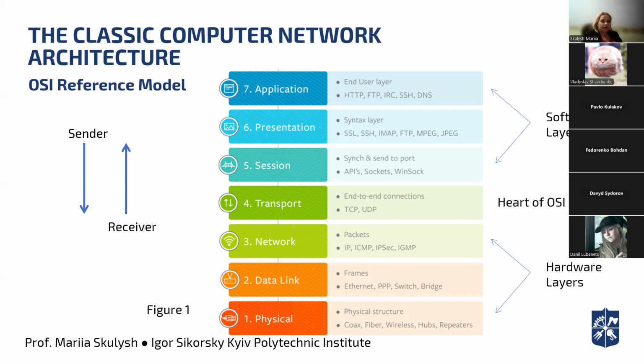As you know, for telecom we use the seven-level model called the OSI reference model, where we have the first layer, the physical layer, then data link, network, transport, session, presentation, and application.